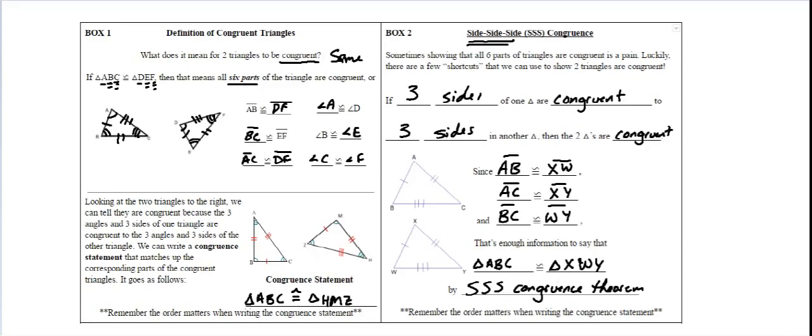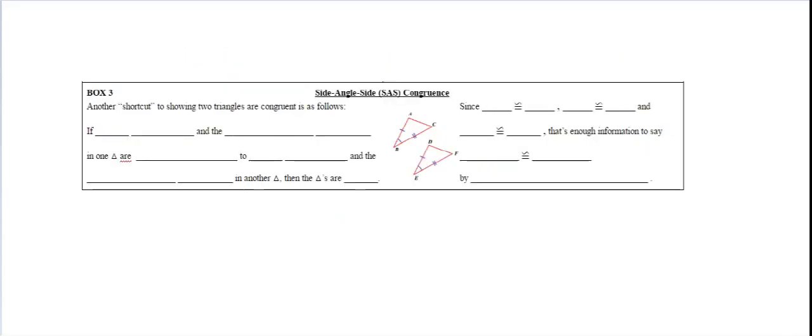All right. Let's go to the bottom of your notes sheet. On the bottom of your notes sheet, you see that we've got another one called side angle side, or SAS. This is another shortcut to prove that 2 triangles are equal. So one shortcut is if you have 3 sides equal to another 3 sides. This one says if 2 sides, go switch to the pen. If 2 sides and the inclusive angle. Inclusive means between.